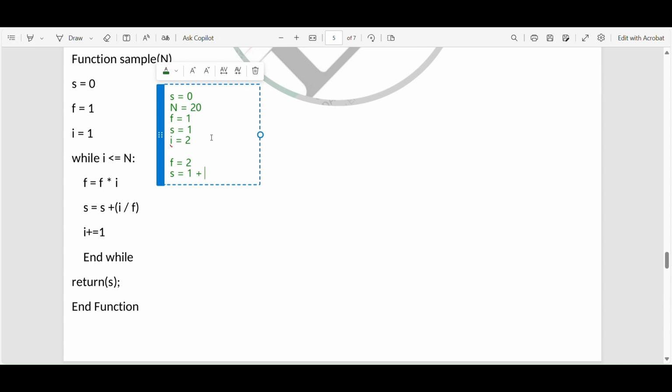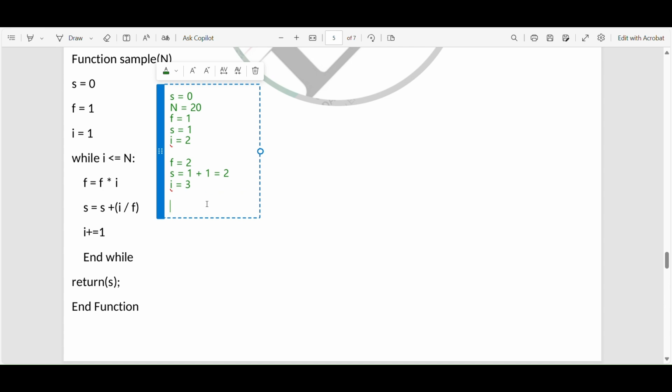So 1 plus I by f. What is I here? 2. And what is f here? It is also 2. So 2 by 2 will give you 1, and the answer of s will be 2. And next I will be incremented again to 3.